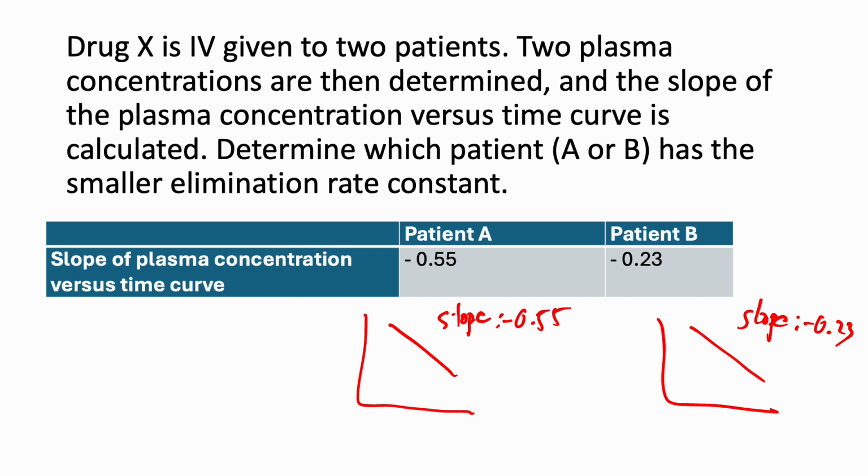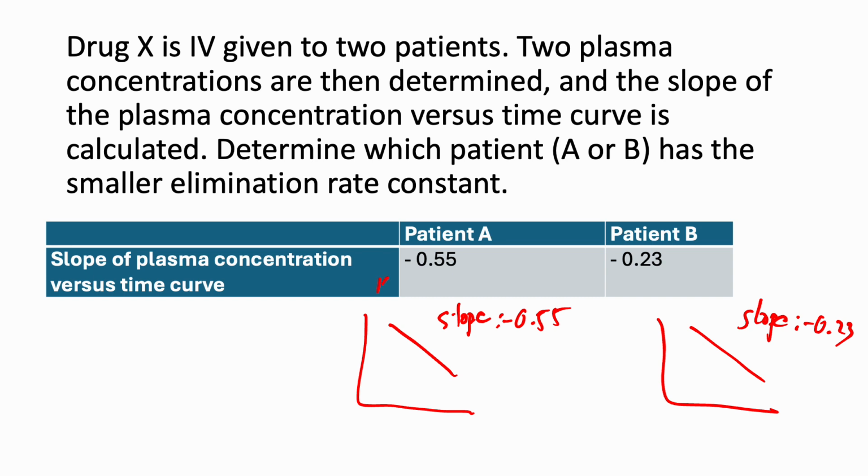So remember, in calculating the elimination rate constant, we depend on the slope. If the absolute value of the slope is higher, that means the drug is eliminated faster. So in this case, the elimination rate constant is the negative value of the slope.